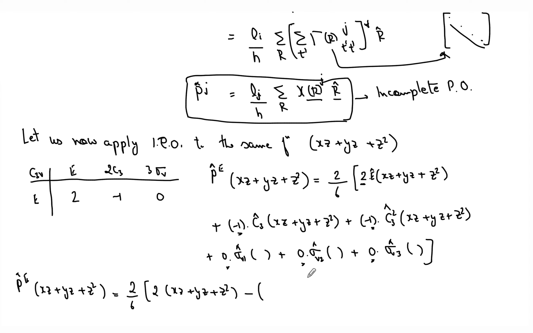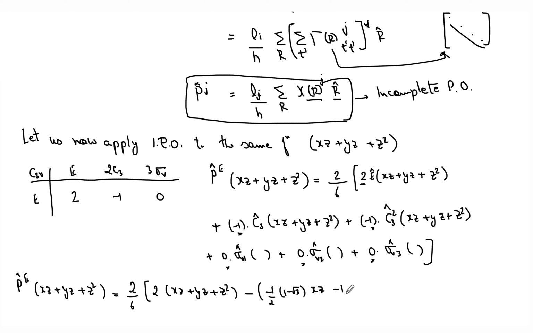So the effect of C3 will be minus half (1 minus root 3) xz, minus half (1 plus root 3) yz, plus z square.